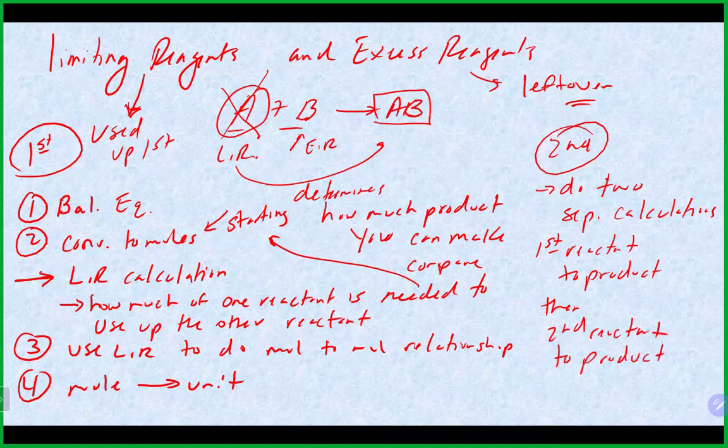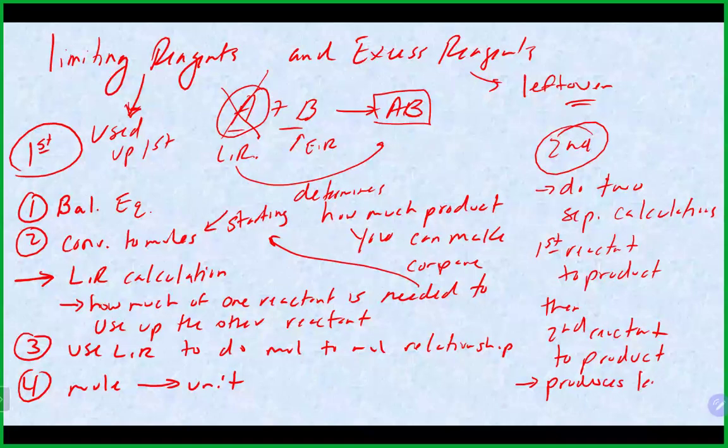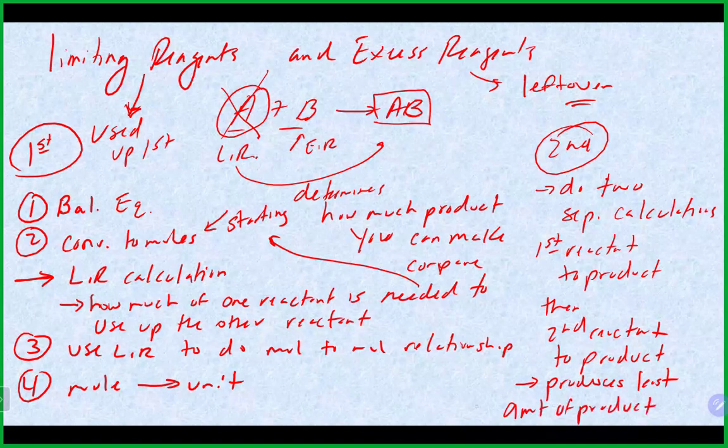In this method, whichever one produces the smaller amount of product is both your limiting reagent and your theoretical yield. So those are two very common ways to do these types of problems.